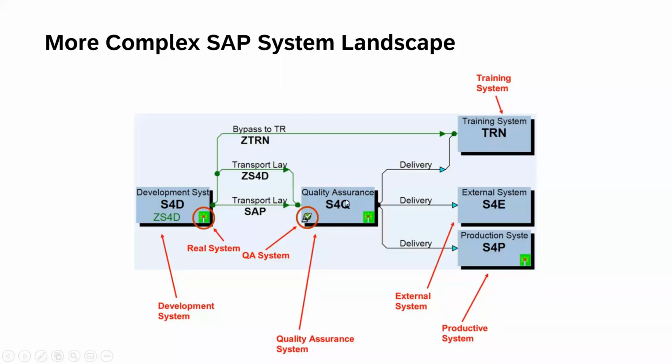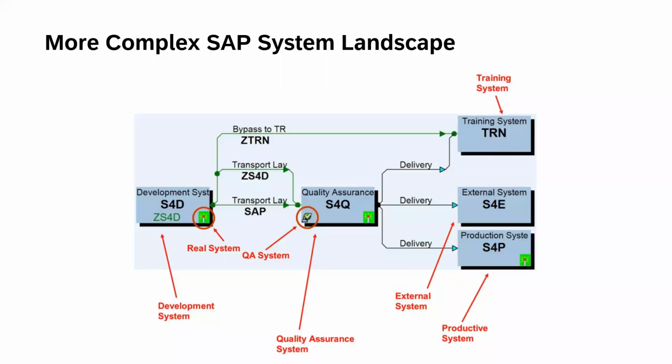When you import those changes into your quality system, they will be visible in 3 systems in your next system: the training system, the S4E system, and the S4P system. So with these 3 delivery routes, when you import the changes in the quality system, they will be visible in the import list of these 3 systems.